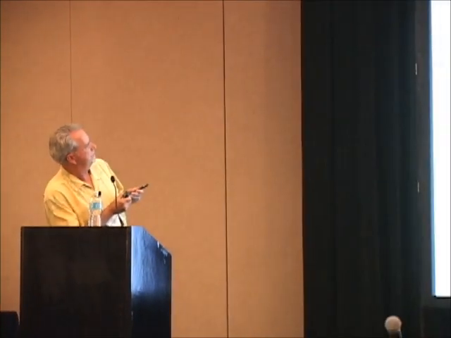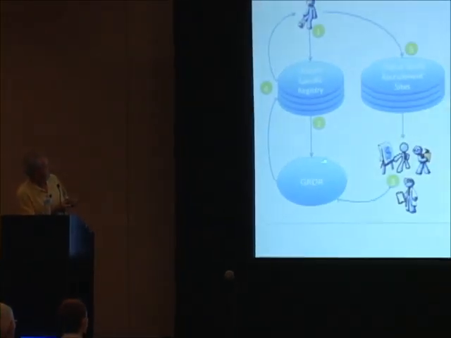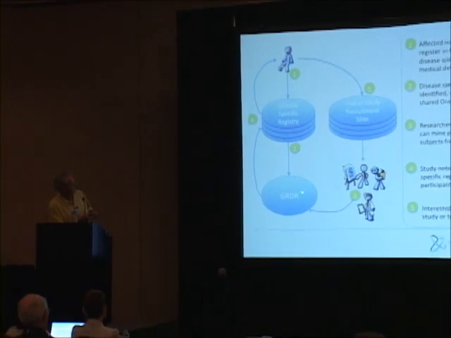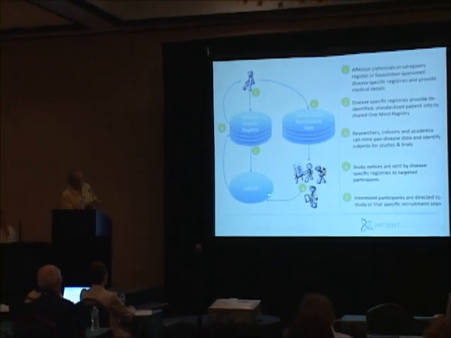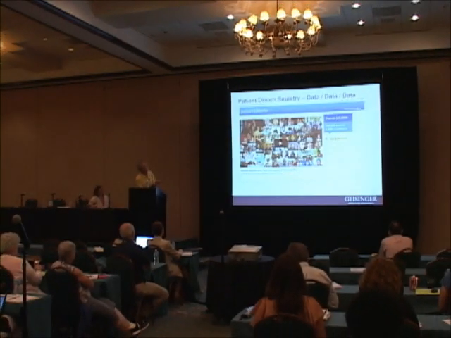So this is the model for the Global Disease Registry, which will interface with individual disease-specific registries and accumulate de-identified data in a single place that's accessible by researchers to do much more global kinds of research.